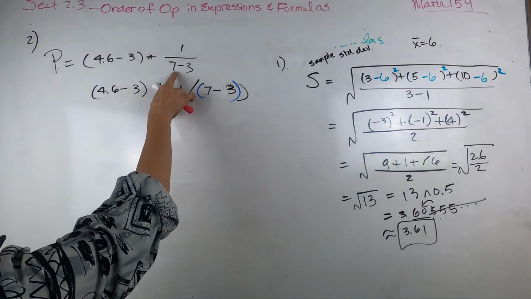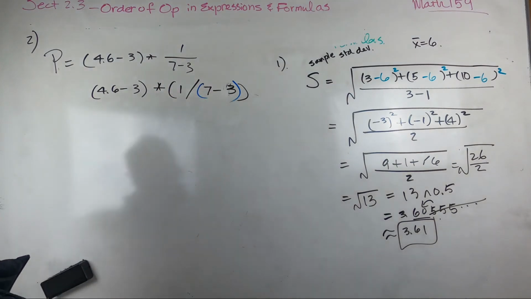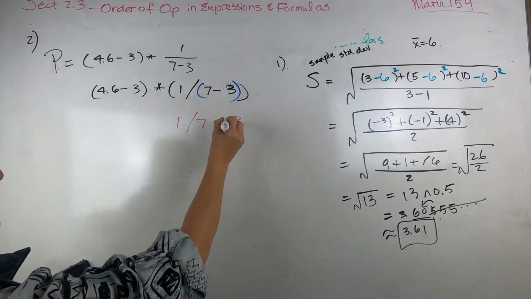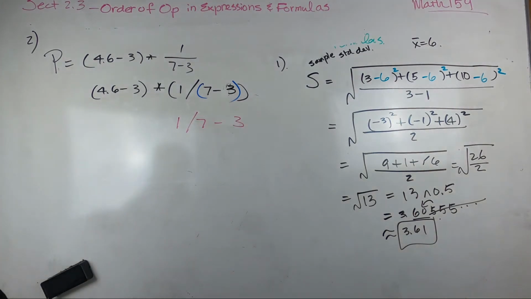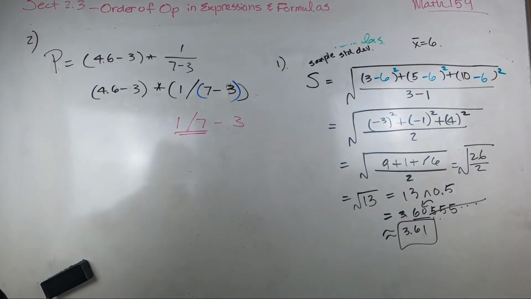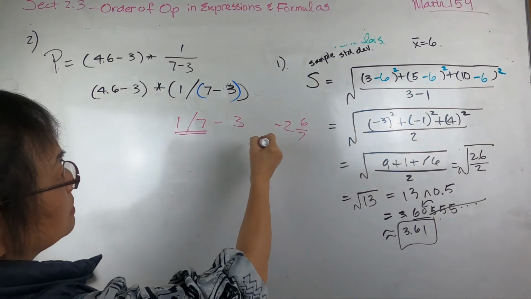Okay, you have to do 7 minus 3, so it's 1/4. If you do it like this, 1 divided by 7 minus 3, what will the calculator do? It will do 1/7 minus 3, and you end up with a negative 2 6/7, right?